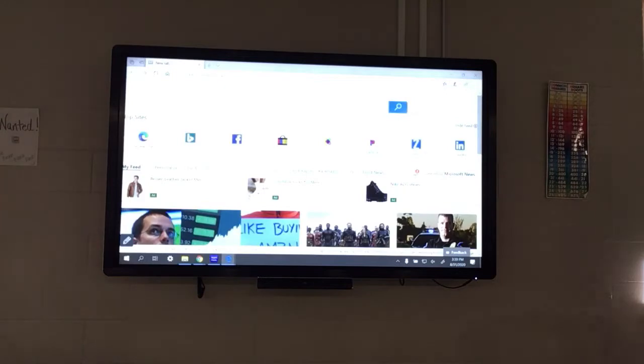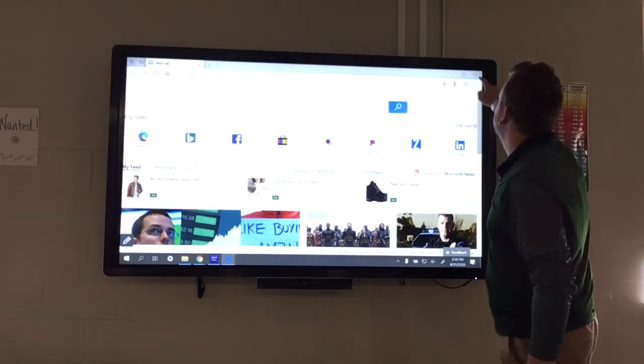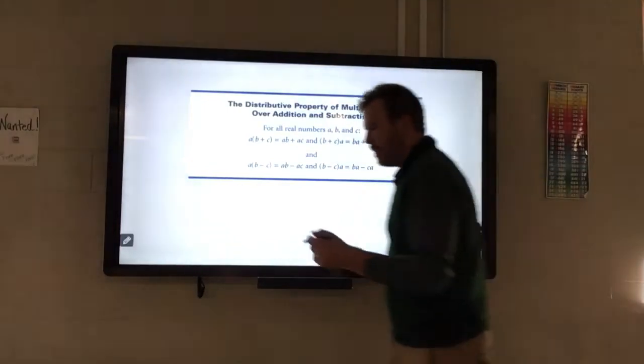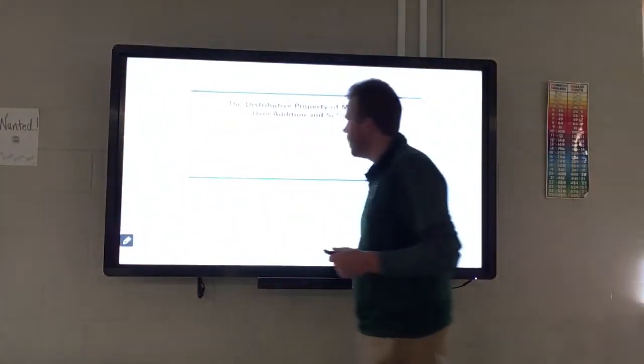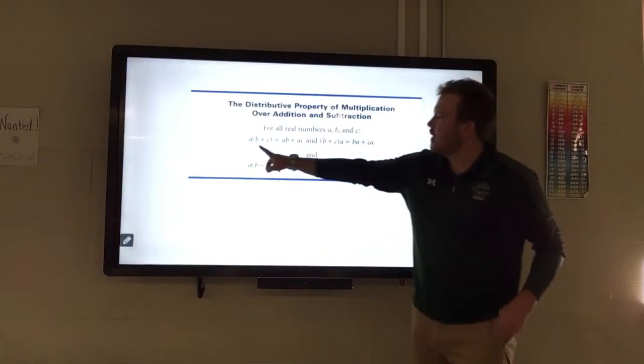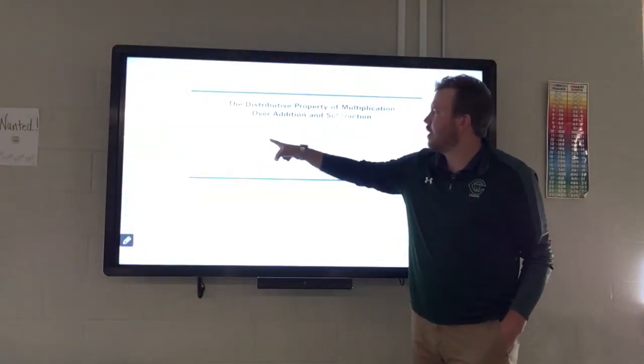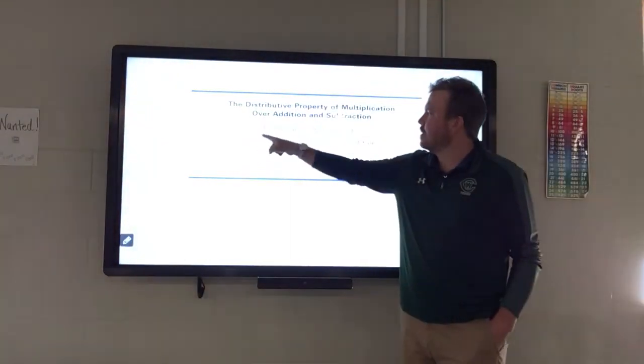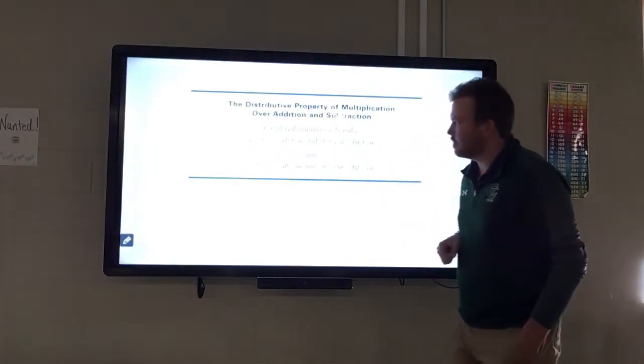The distributive property. Now, the main thing I need you to know for the distributive property is that when we have something like this, some number a times b plus c, so some number times a grouping like this, that a needs to be distributed to every single term.